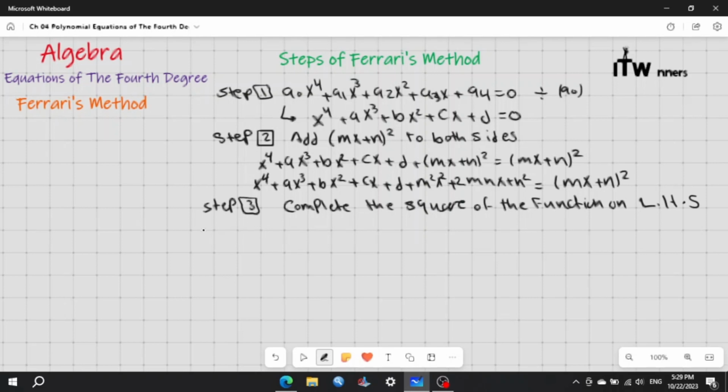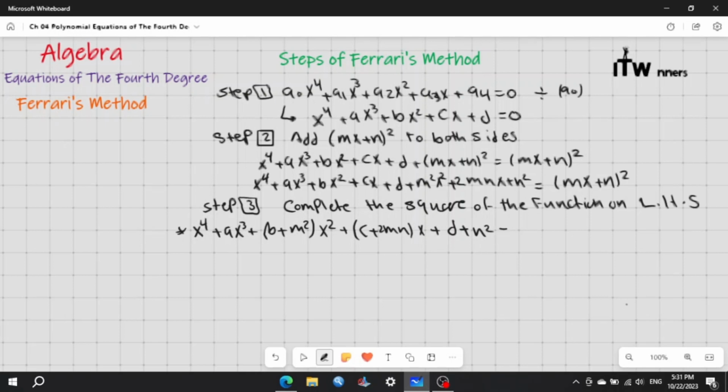So we have x power 4 plus a x cubed, and we group coefficients of the same power of x together: b plus m squared x squared, plus c plus 2mn x, plus d plus n squared.